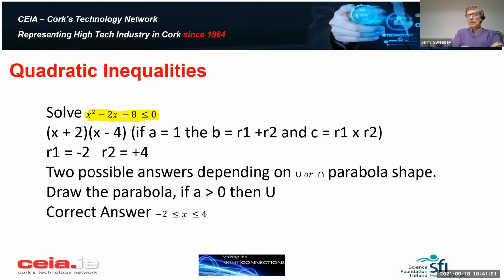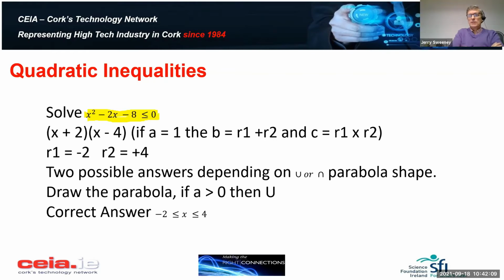So if you say that x squared minus 2x minus 8 is less than or equal to 0, if you decide to multiply that by minus 1, you get minus x squared plus 2x plus 8 is greater than or equal to 0.